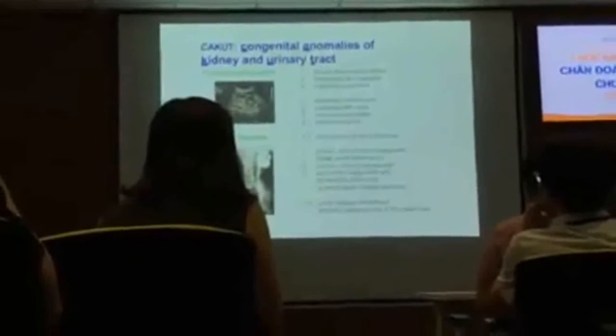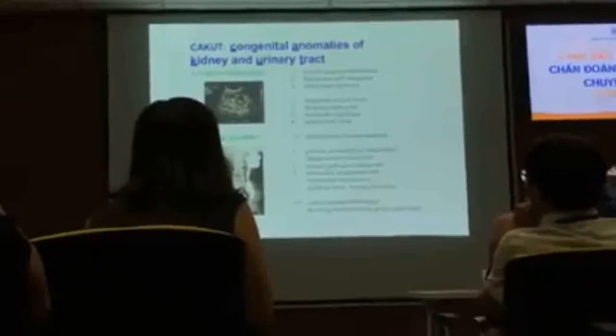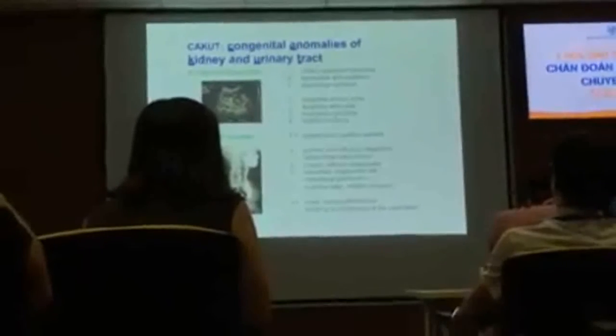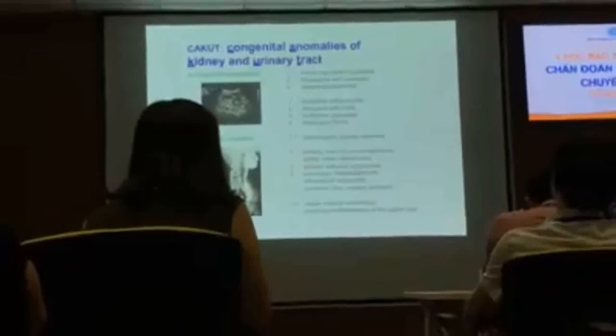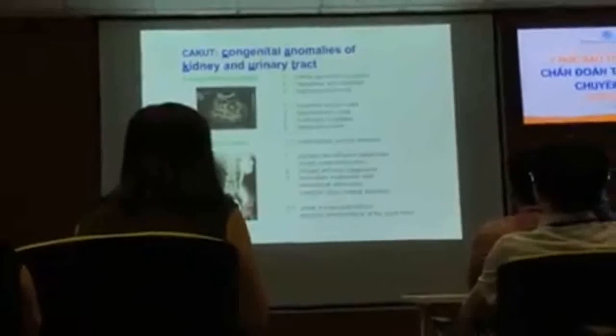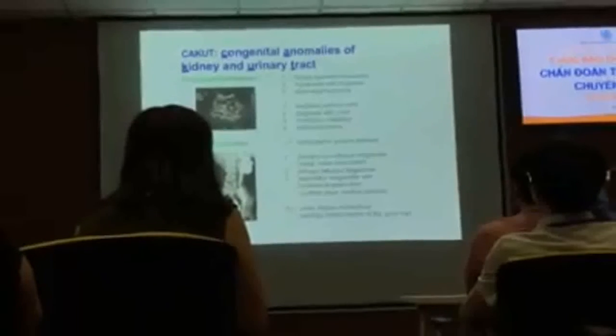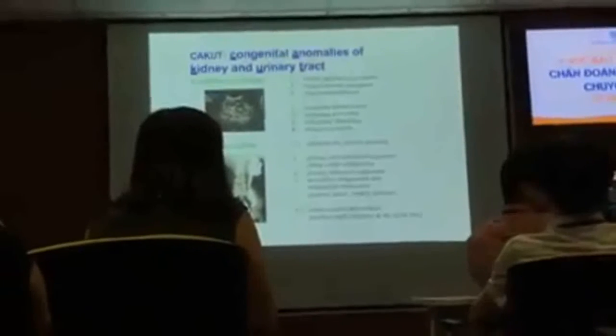Then we go down to ureteropelvic junction stenosis. If you have ureteropelvic junction stenosis here, you can increase the potential of hydronephrosis. Or you go to primary non-refluxing megaureter, where the ureter is enlarged. Or primary refluxing megaureter. This is distal ureter obstruction.